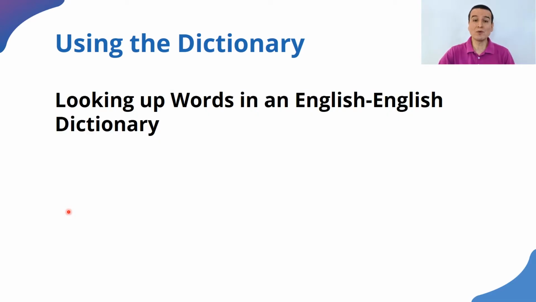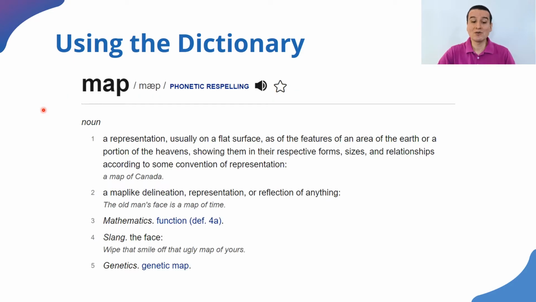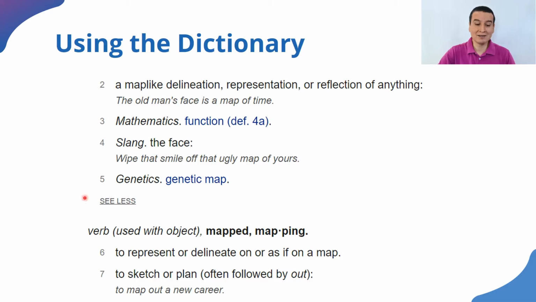Now, if we look up the word map in an English dictionary, this is what you will most likely find. It has the pronunciation and it has several definitions. If you scroll down the dictionary, you will find something like this. You have 1, 2, 3, 4, 5, 7 definitions, and one of those will be the one that you need.